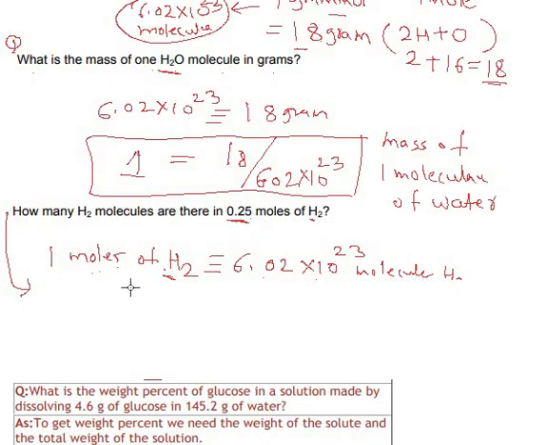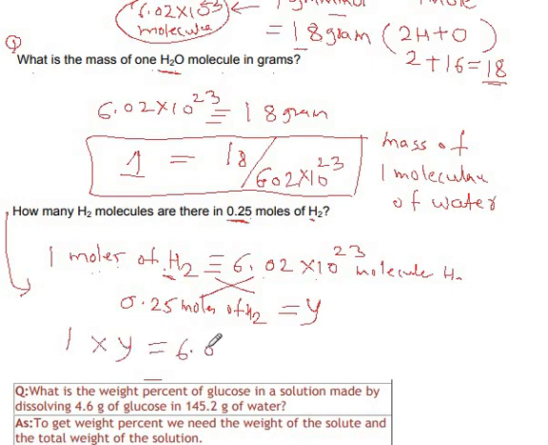We have here 0.25 moles of hydrogen. Let that be equal to Y molecules. Then you go for cross multiplication. What is cross multiplication? 1 into Y is equal to 6.02 into 10 raised to 23 molecules into 0.25.